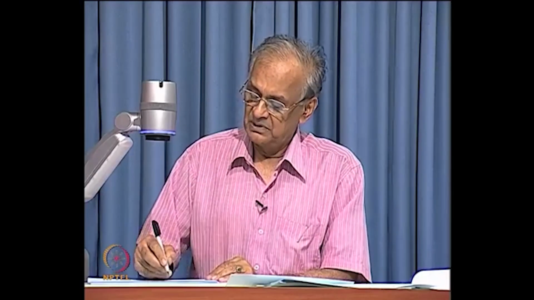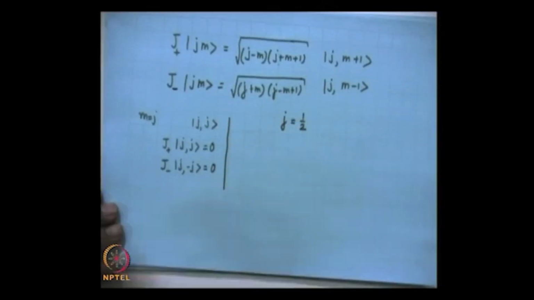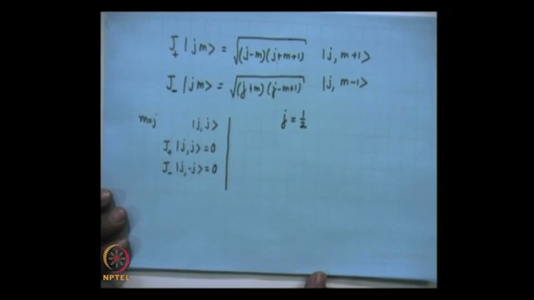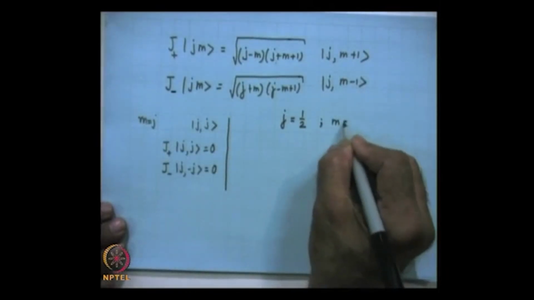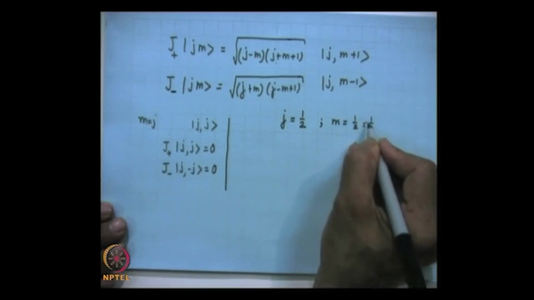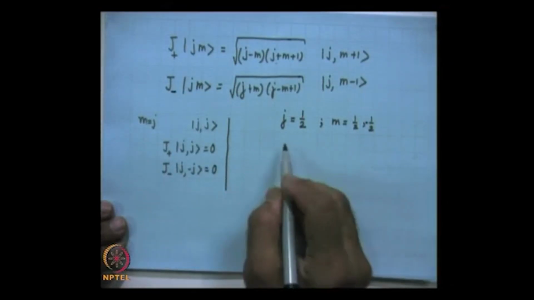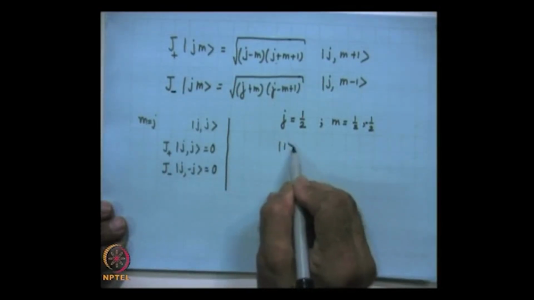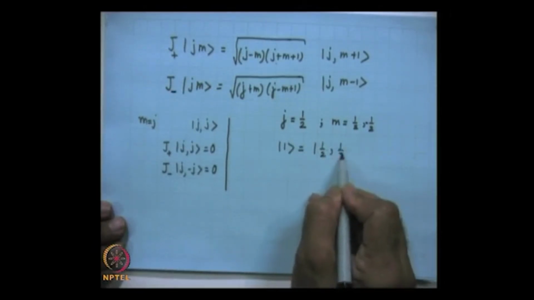Okay. Now, let me do an example. Let me consider the case of spin half, where j is equal to half. This is an extremely important problem. So, m can be half and minus half. So, we can have only two states, state 1 which I denote as ket half comma half.